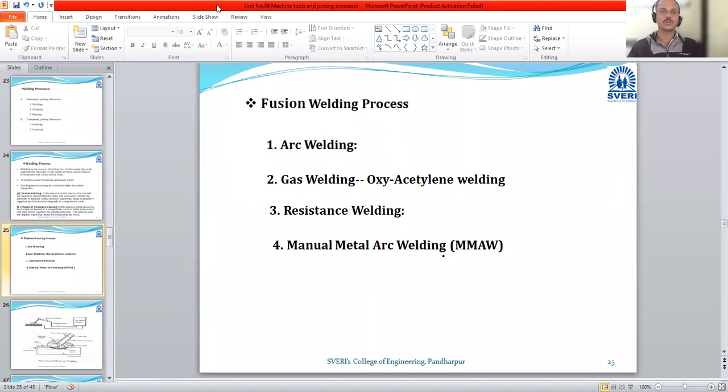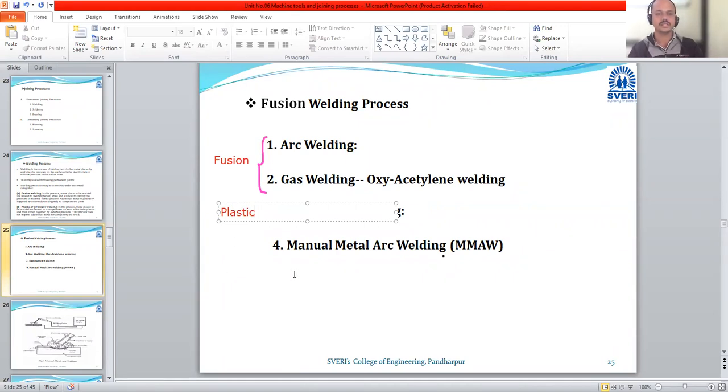These two processes come under fusion welding, and resistance welding comes under plastic welding.